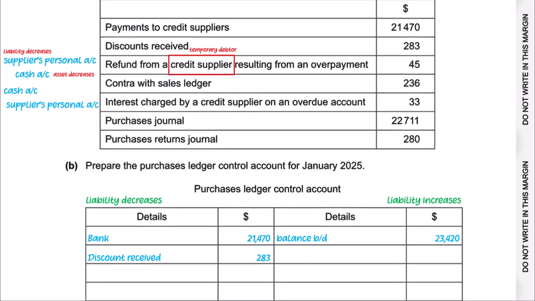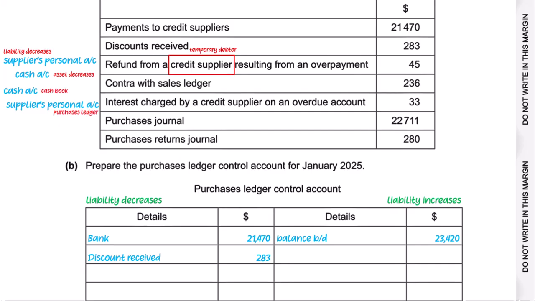And you already know that the purchases ledger control account is primarily updated from the purchases journal, purchases return journal, and the cash book. However, from this journal entry, it is clear that this entry has been recorded in the relevant supplier's personal account in the purchases ledger and in the cash book.